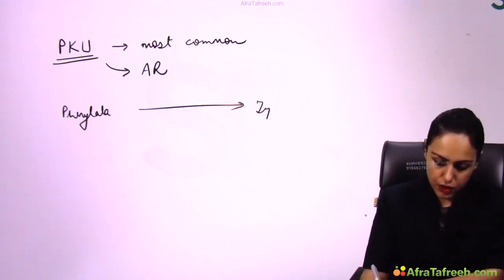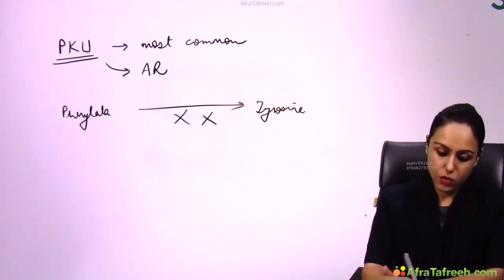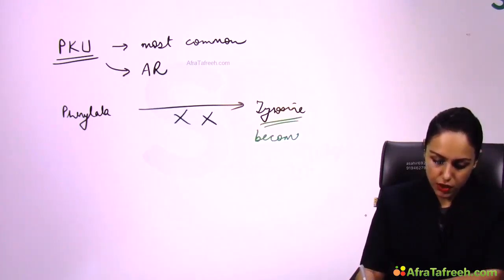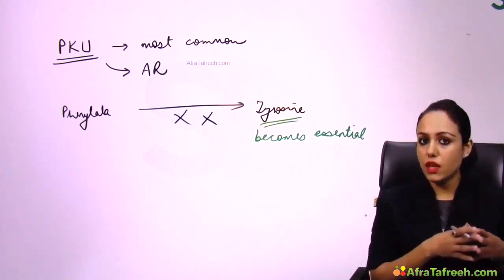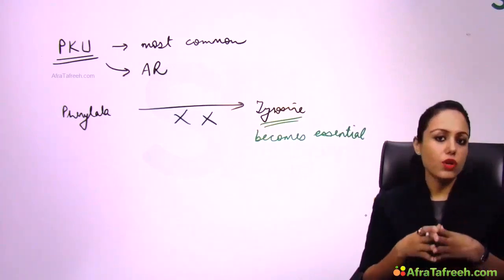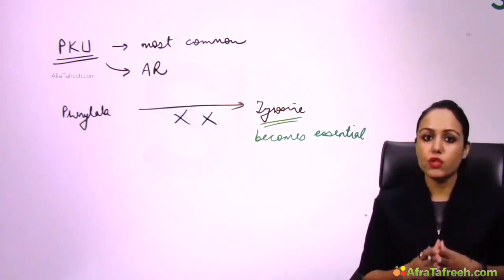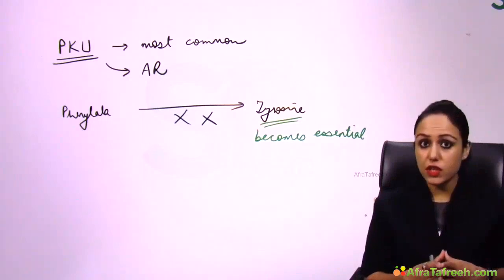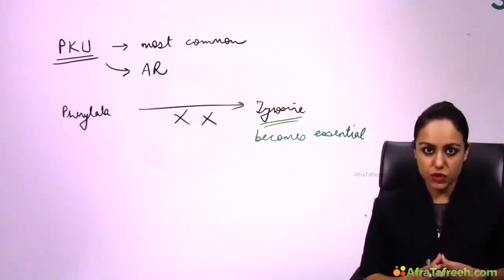Phenylalanine to tyrosine conversion is not occurring, so can I say that tyrosine becomes essential in this disease? Because normally tyrosine can be synthesized from phenylalanine, but now tyrosine cannot be synthesized in the body, so tyrosine becomes essential. So in the treatment of this disease, we have to give tyrosine to these patients, right?